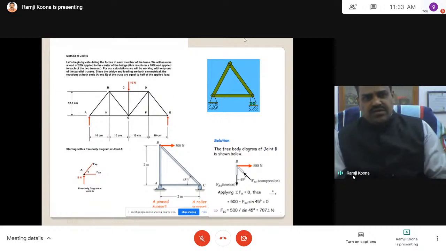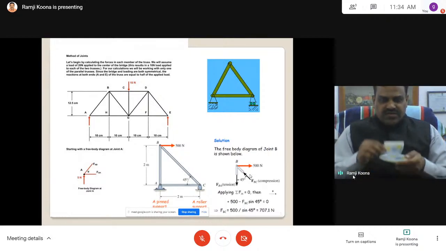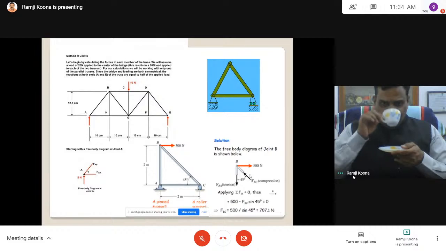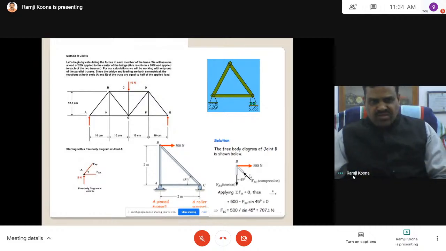Because there are vertical loads only and no horizontal loads, with one roller and one hinge, the horizontal load has no significance. I am considering a small part, one triangle. Now consider joint B. I am assuming one member in tension and towards this I am assuming compression, tensile member and compressive member.